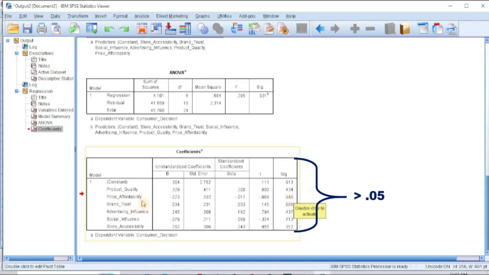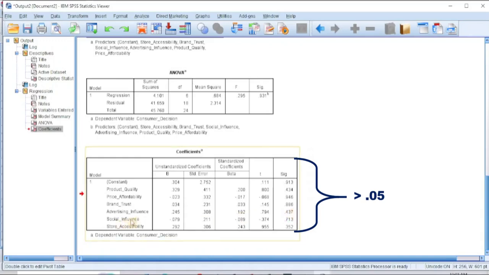Similarly, brand trust exhibits a negligible positive effect as the positive standardized beta coefficient is 0.033 with a p-value of 0.886, indicating the absence of statistical significance. Advertising influence also shows a mild positive beta value of 0.192, but with a p-value of 0.437, showing it is statistically non-significant.